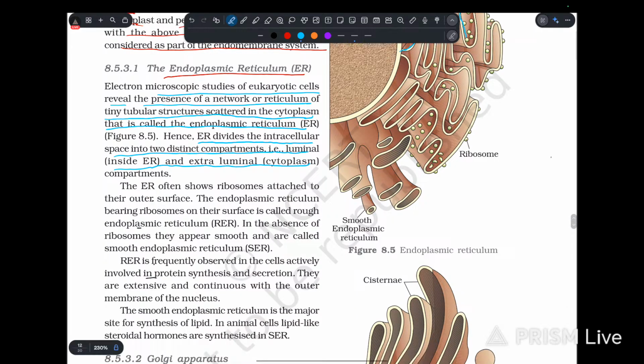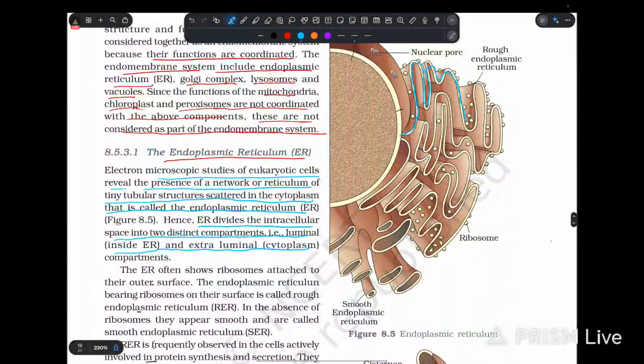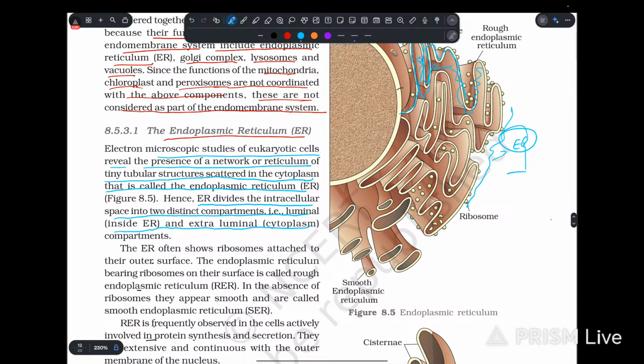When you look at this area, it is present inside the endoplasmic reticulum, and the outside area is present outside the endoplasmic reticulum. On the basis of this, there are two types of space around the endoplasmic reticulum.